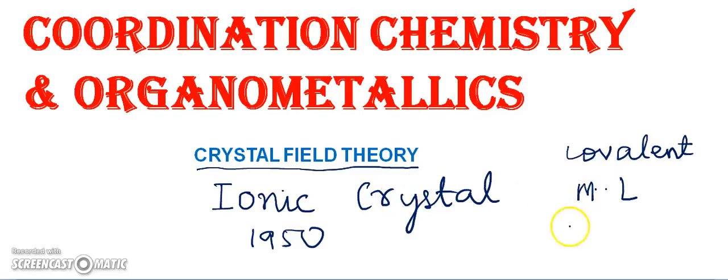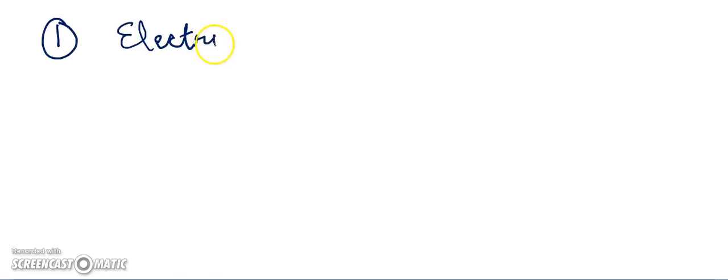Now let us learn the main points of the theory. Okay. So what's the first point in the crystal field theory? According to the crystal field theory, bonding in complex ion is completely electrostatic. Fine. So electrostatic means there are positive and negative charges.